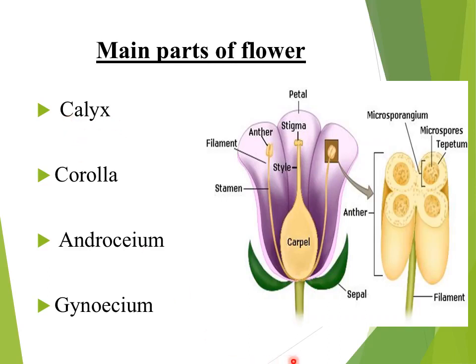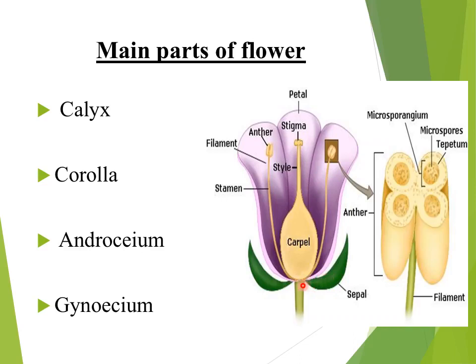Sepals are the unit of calyx. Sepals unite together and form a calyx. It is green in color, its main function is protection, and it is the outermost part of a flower.